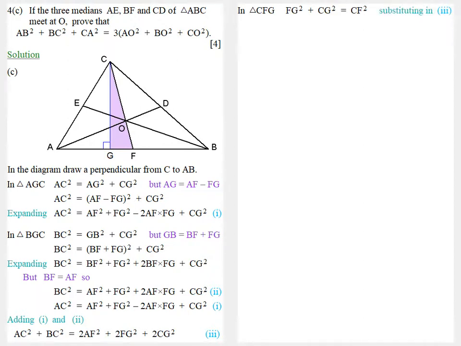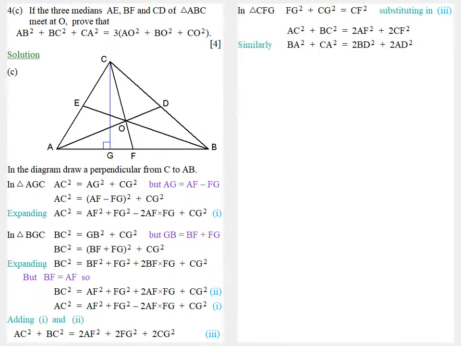Substituting that in 3, the 2FG squared plus 2CG squared becomes 2CF squared. So we have AC squared plus BC squared equals 2AF squared plus 2FC squared. That is actually Apollonius' theorem.